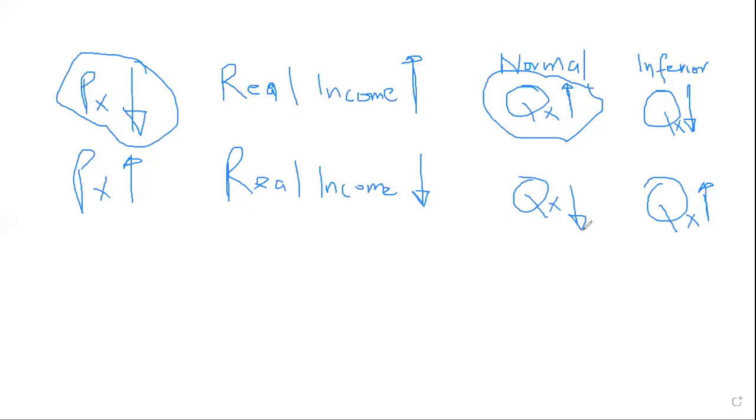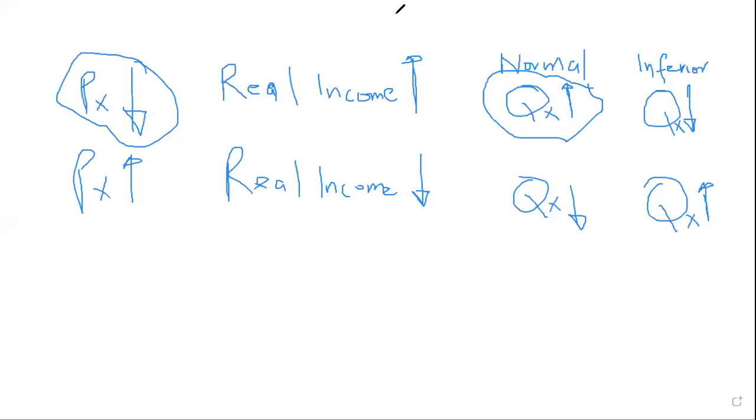Again, a negative relationship. For inferior good, this is up, this is also up. Again, a positive relationship. Right? Now there's something I want you to take note here.